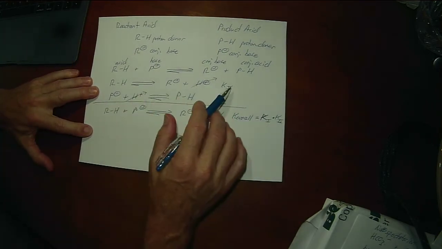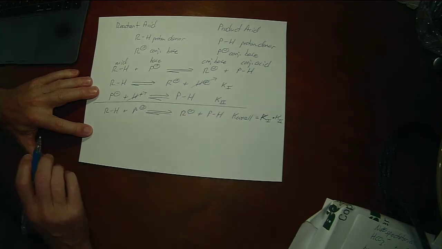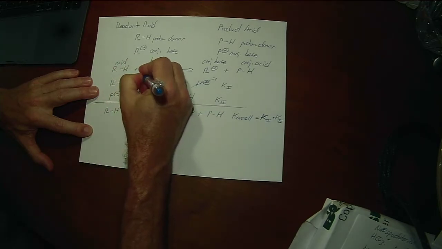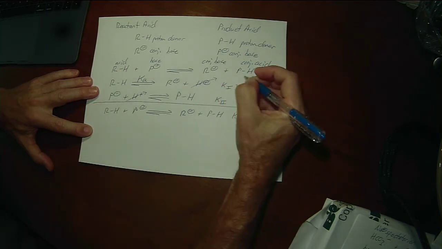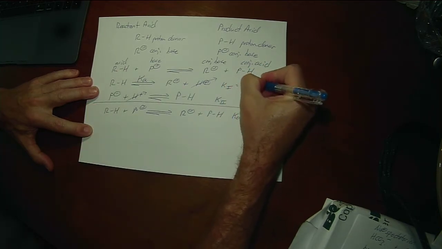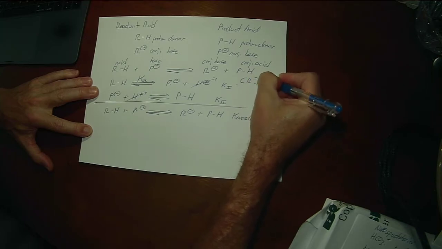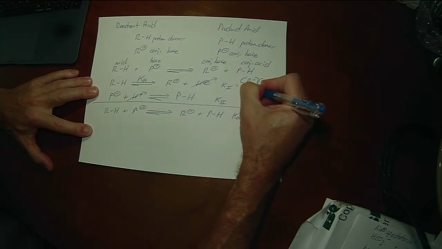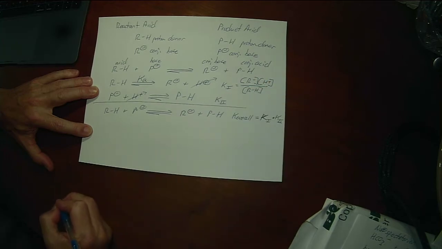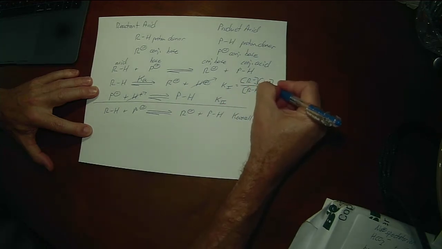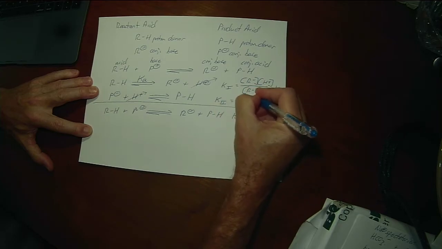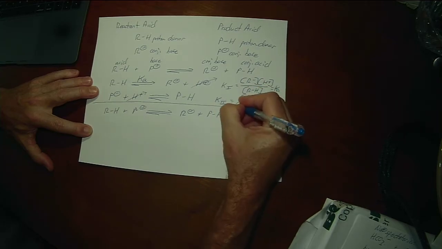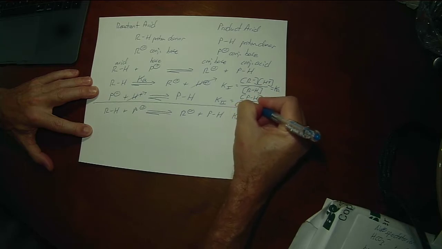So then the question is, where do these come from? This is a Ka expression. The acid is on the left. And so the equilibrium constant K1 is equal to R minus times H plus over RH. That is a standard acid dissociation constant. K2 is equal to your PH, your acid, over H plus times P minus.